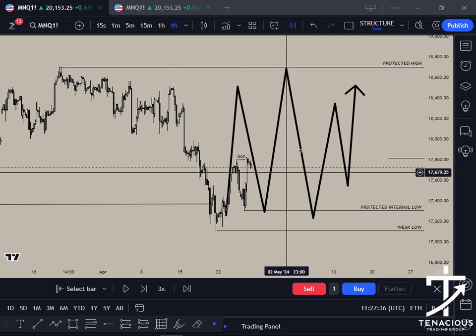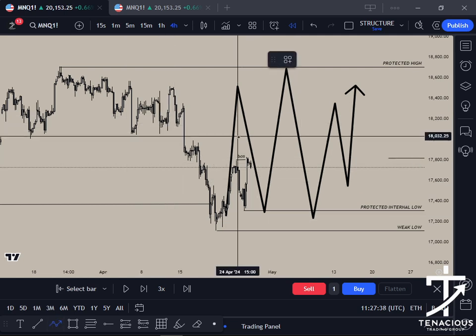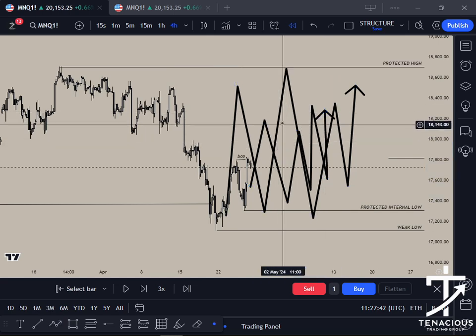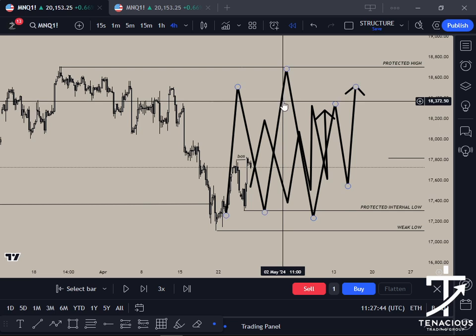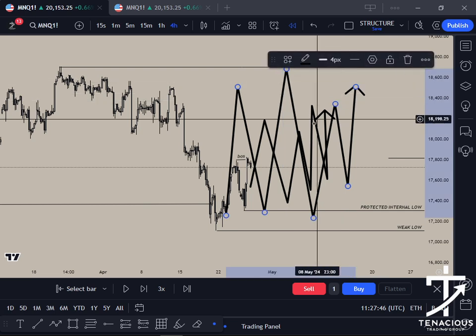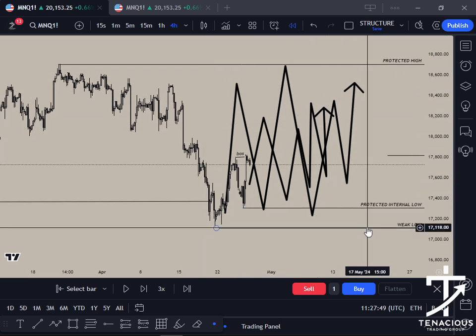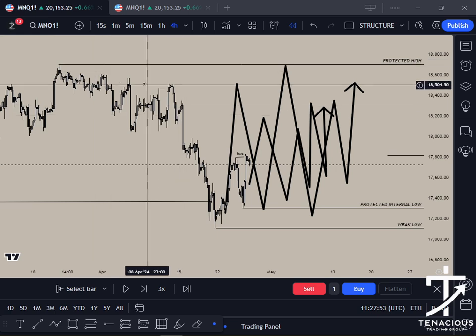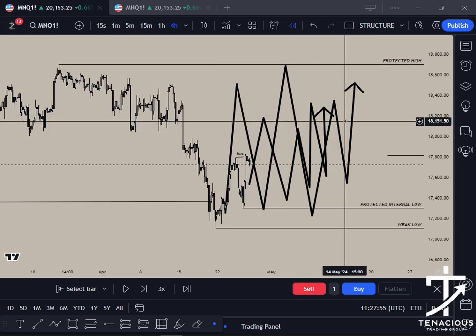Everything inside of here is internal. We could have 100 break of structures in here, 100 change of characters. It is all internal. It only becomes external when we break this weak low or this protected high. That's all it is, guys.